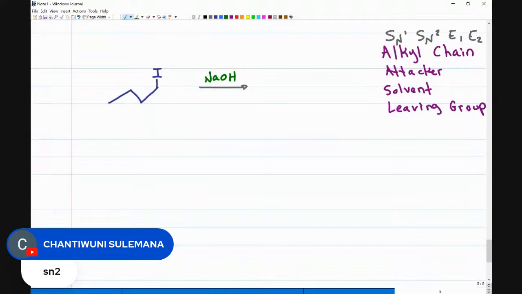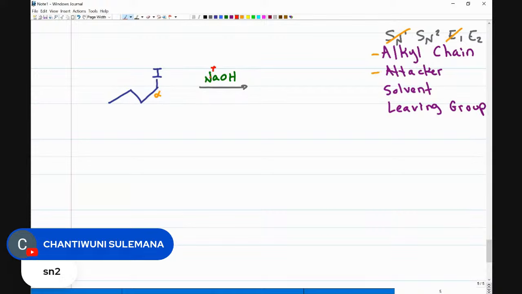Here's the problem. The checklist requires us to look at a whole bunch of things, but we don't have a whole bunch of things to look at. So what do? Let's see. I start with the alkyl chain. My alpha carbon is primary. I cannot form a carbocation, so I have to rule out SN1 and E1. Then I look at my attacker.